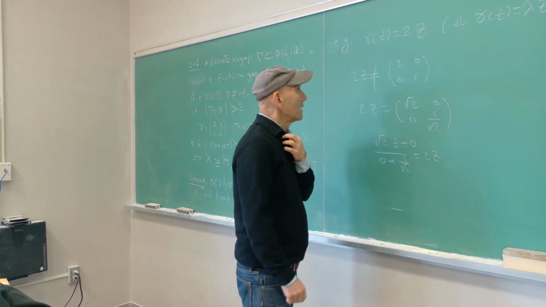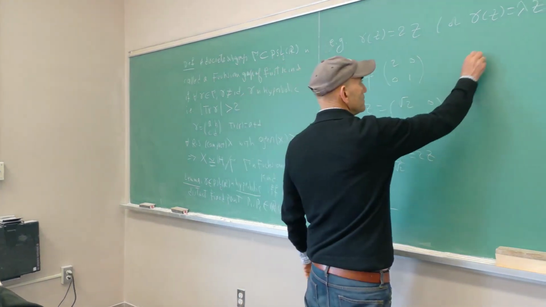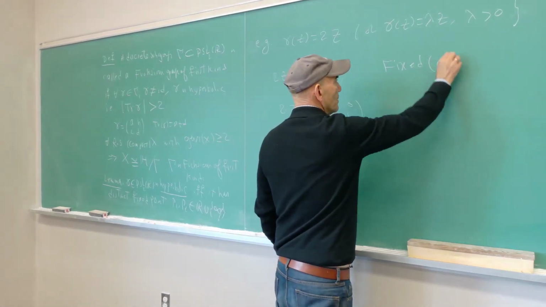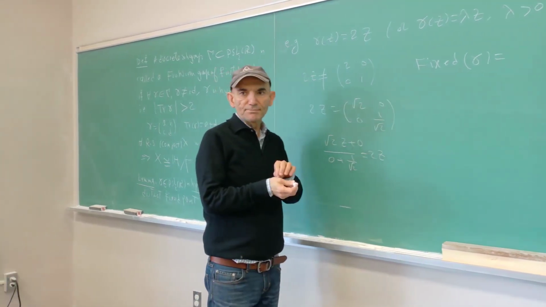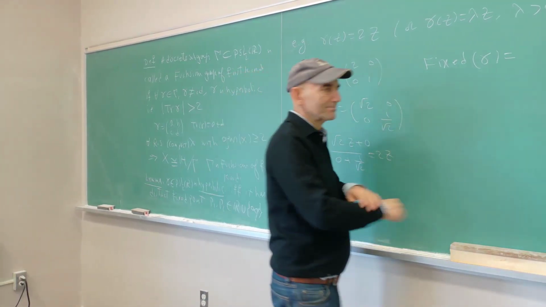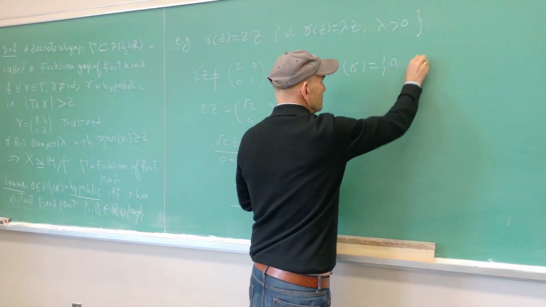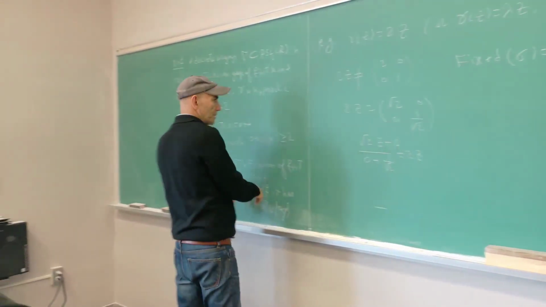But let's see, what are the fixed points of gamma? Well, there are two points. One is 0, and the other one is infinity, which is here.